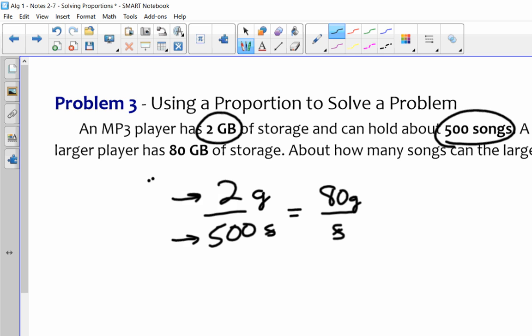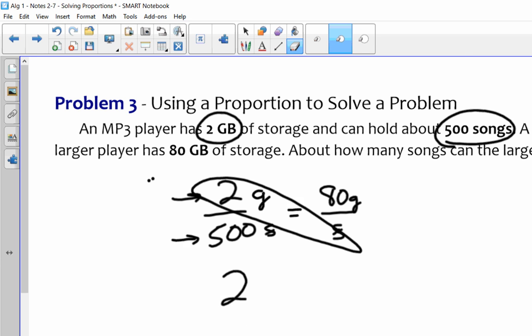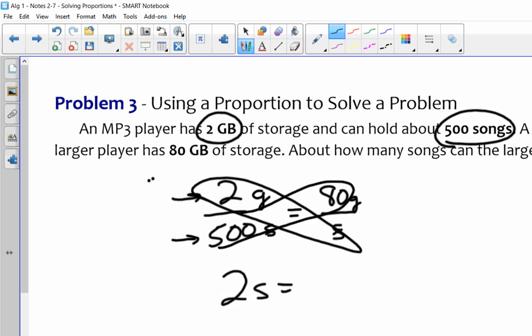So I'm going to go ahead and do my cross products. I get 2G, or I'm sorry, I put the G there so I knew what I had where. So it's really 2S. We'll just forget about the G. Then I'm going to go 500 times 80, which gets me 40,000.